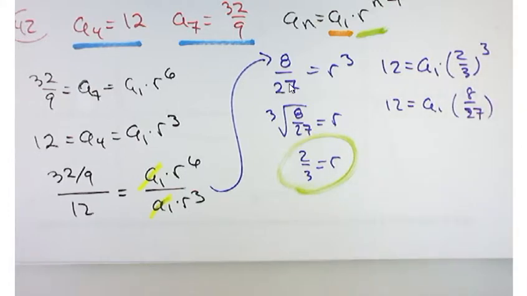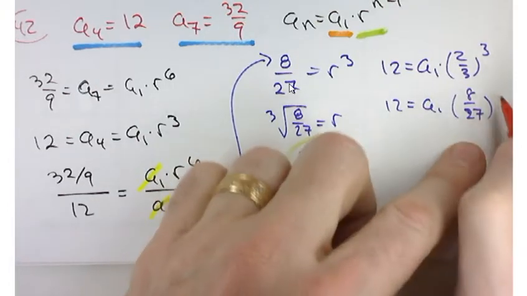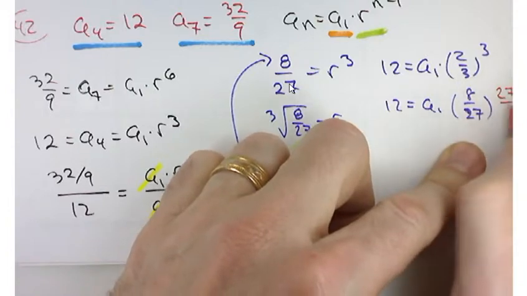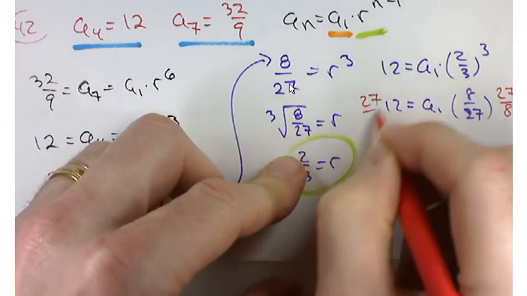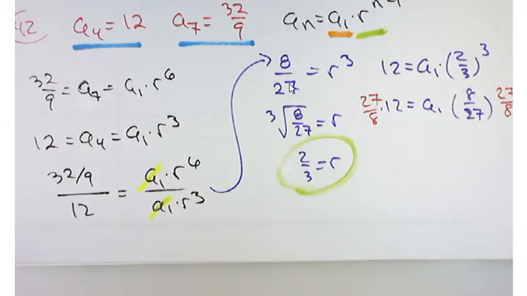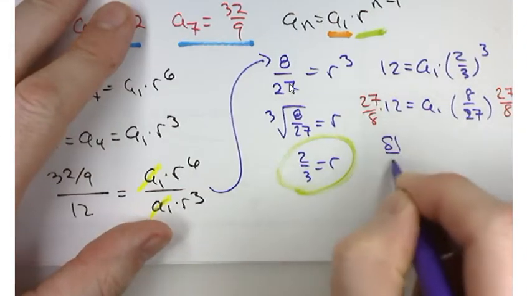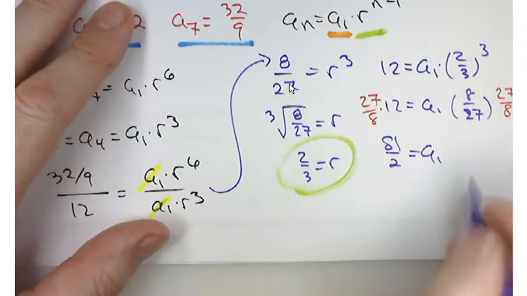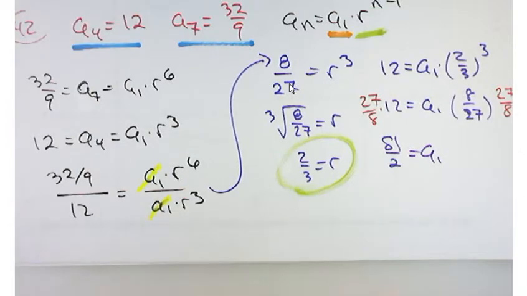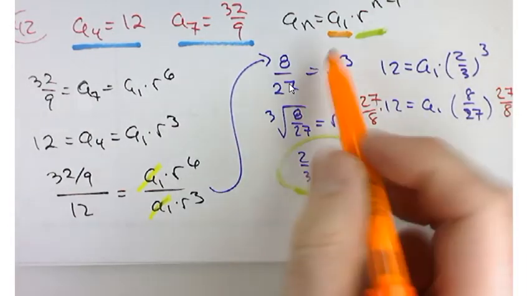The fast way out of this one is to multiply both sides by the reciprocal. So 27 over 8. 27 over 8. And I think that's going to leave me with 81 over 2. And that's a sub 1. Yay. So we got both of them.